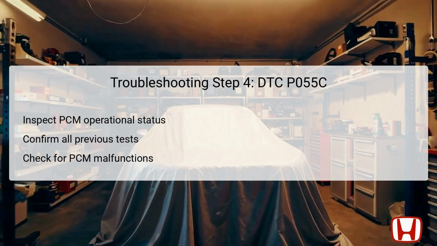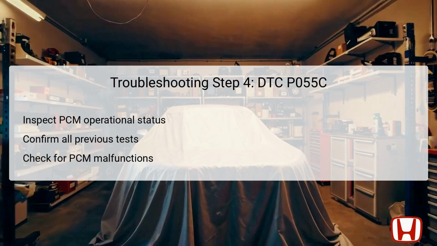The PCM plays a crucial role in processing data from multiple sensors and controlling engine functions based on that information. Any faults within the PCM could lead to incorrect interpretations of sensor signals, manifesting as DTCs such as P055C.